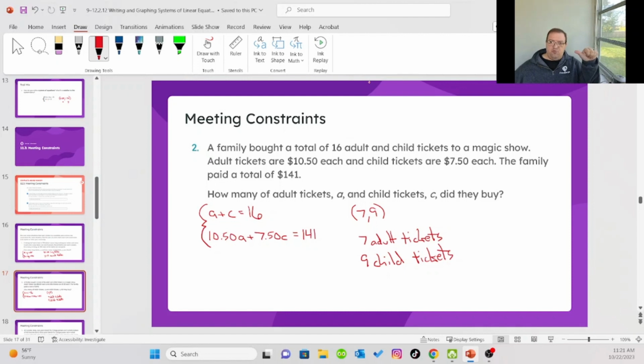The first one represents tickets. The second one represents cost. Then plug those into your graphing calculator. Then look for the point where those two lines cross. That gives you your point pair that answers both equations. Then translate that point pair back into what it represents in context.